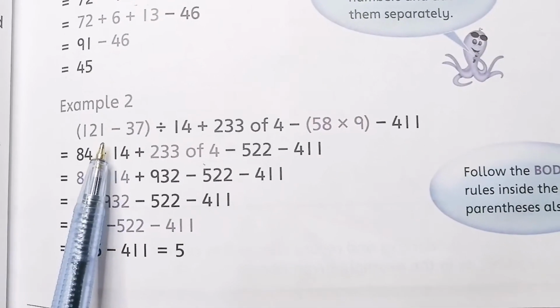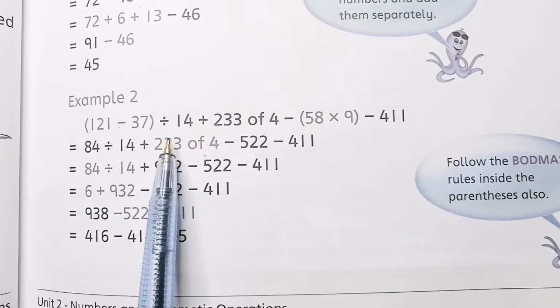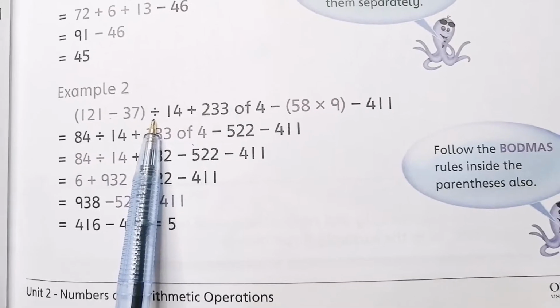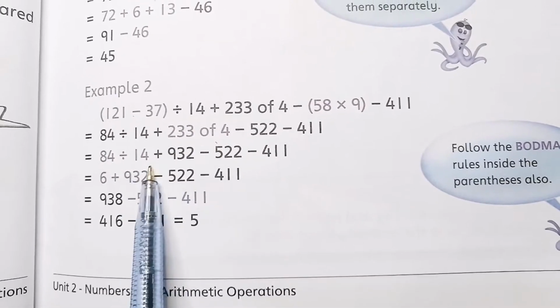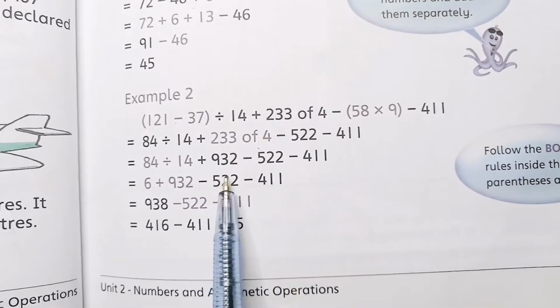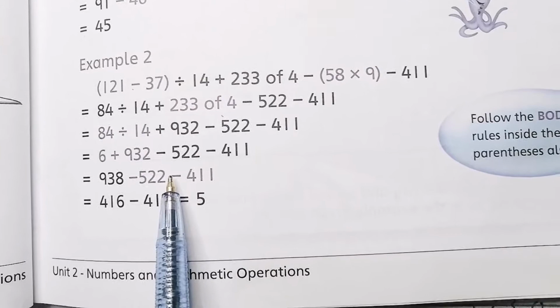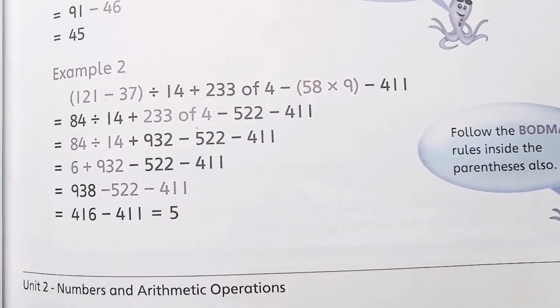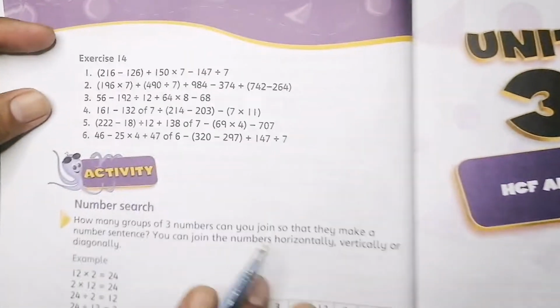So here first we will solve both brackets, right? Then we will see the order of the operations. Then we will go according to the division, and after division we will solve addition, and then we will go according to the order of the operations. Then we'll solve subtraction, right?